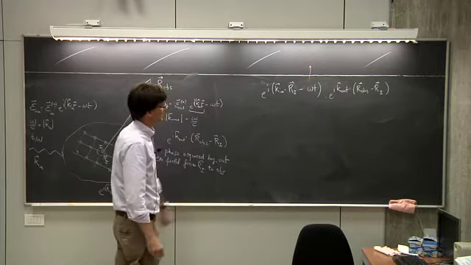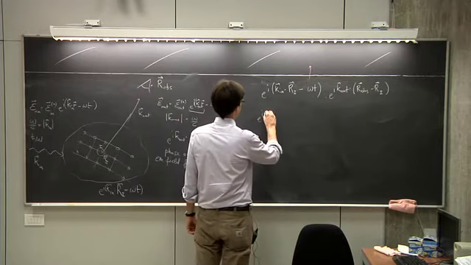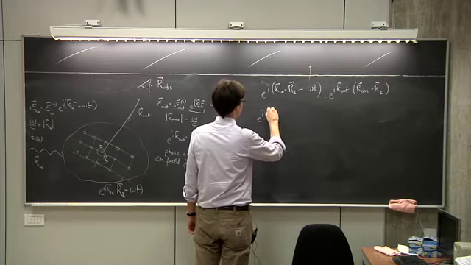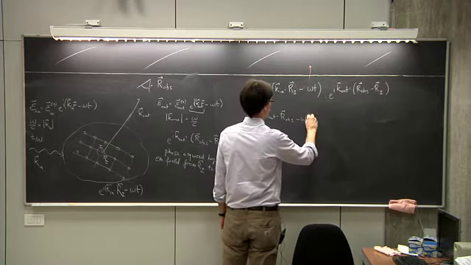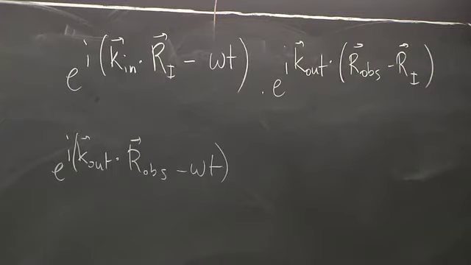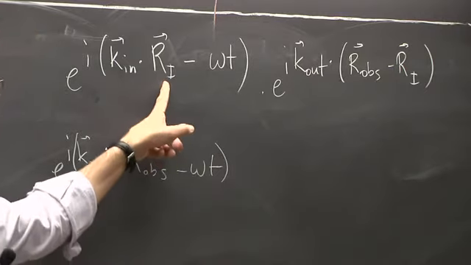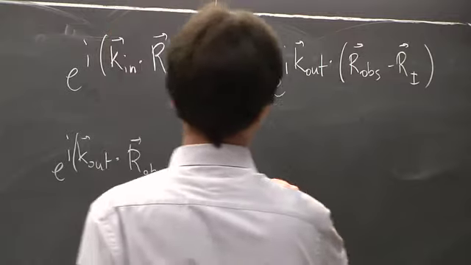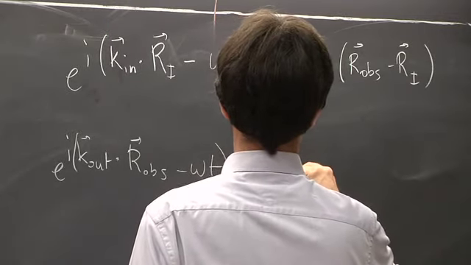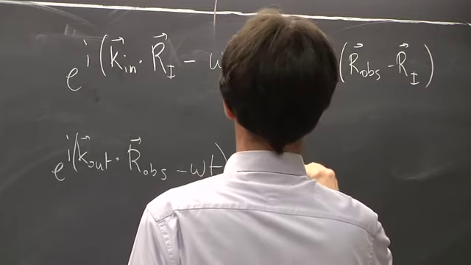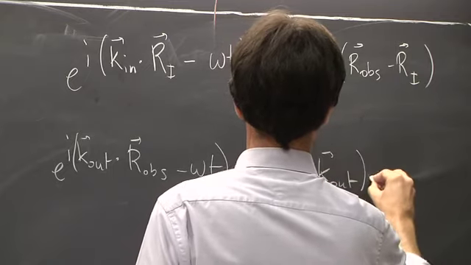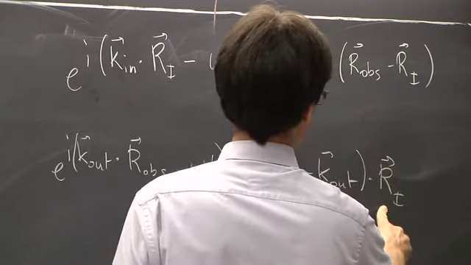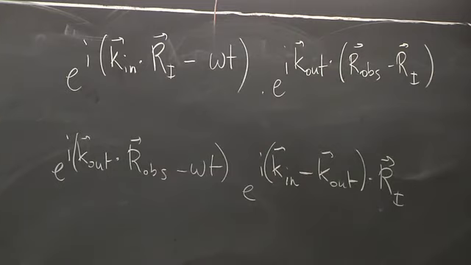Let me now group the terms a little bit. So I'll have a term which is independent of the atom, and it's this one, right? This term here does not depend on the atom. And then there's a term that depends explicitly on the position of the atom that I considered in my emission.